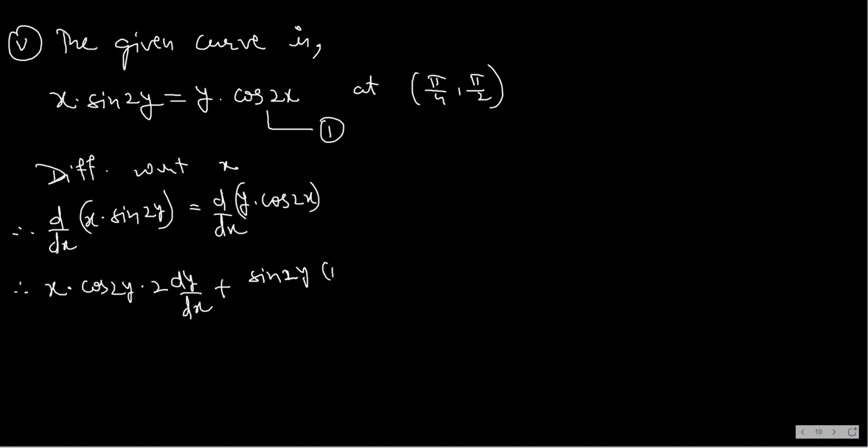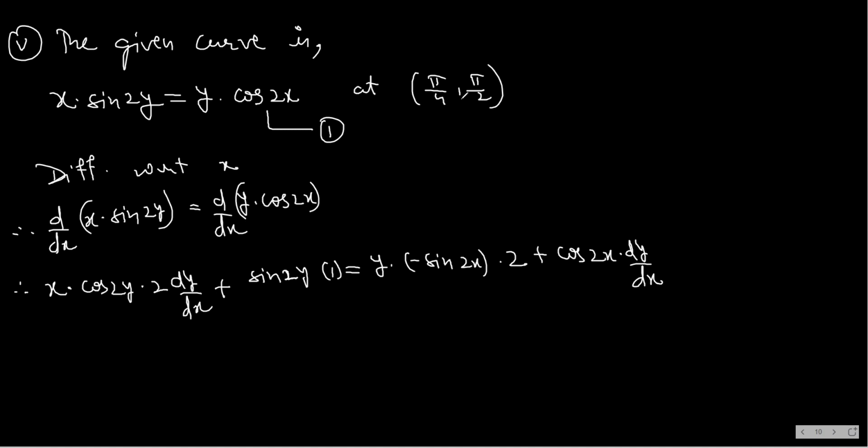Next, I have y into cos 2x. So y times d by dx of cos 2x, which is minus sin 2x into the derivative of 2x, that is 2, plus cos 2x into d by dx of y. Here also we used the product rule.